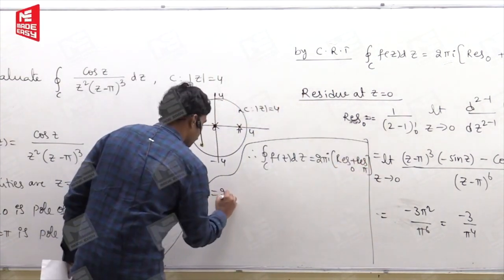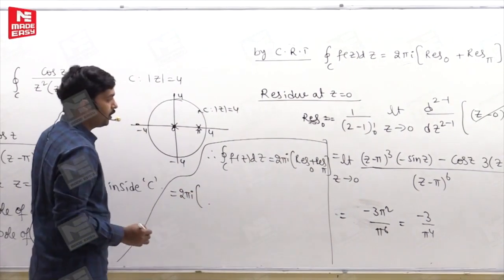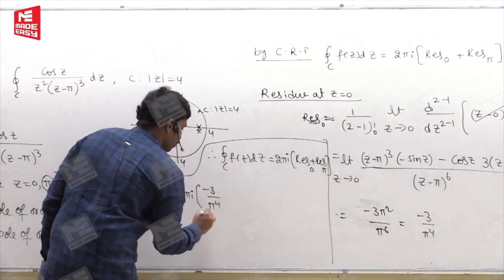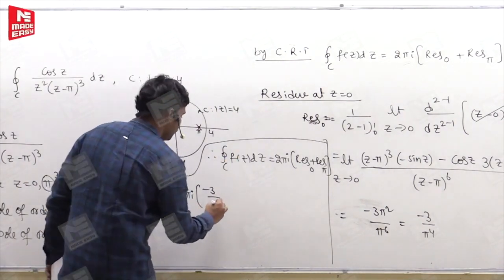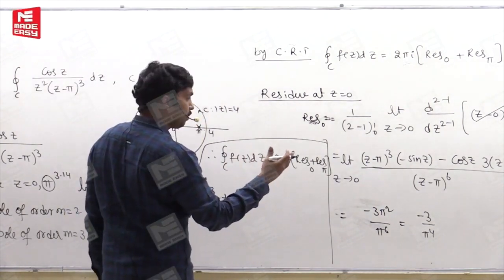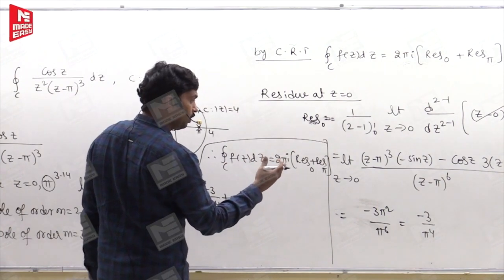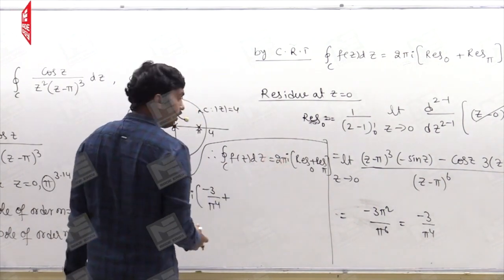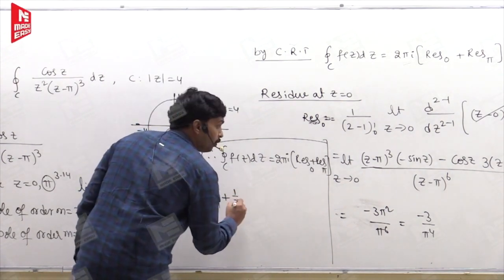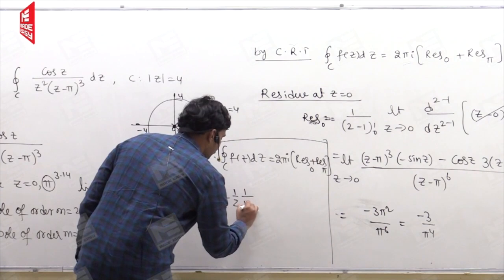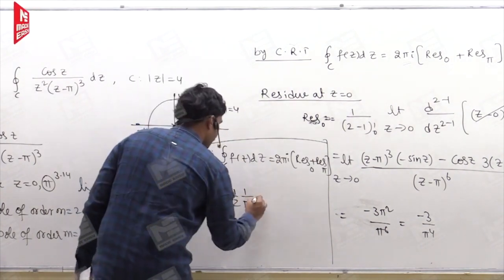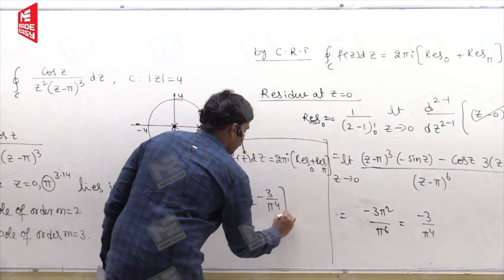So now this one is 2 pi i into the residue at 0. What is the residue at 0? You got it: minus 3 by pi power 4. And the residue at pi, you can write it as 1 by 2, so plus 1 by 2 into 1 by pi square, and then 1 by 2 inside, that is minus 3 by pi power 4 here.